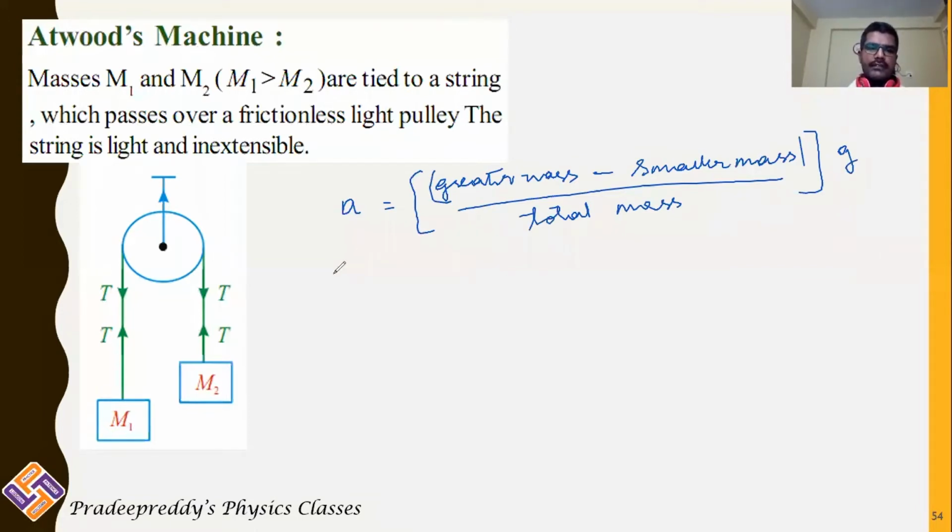So in this case, we will be getting A is equal to m1 minus m2 divided by m1 plus m2 into acceleration due to gravity. This is what we have got.